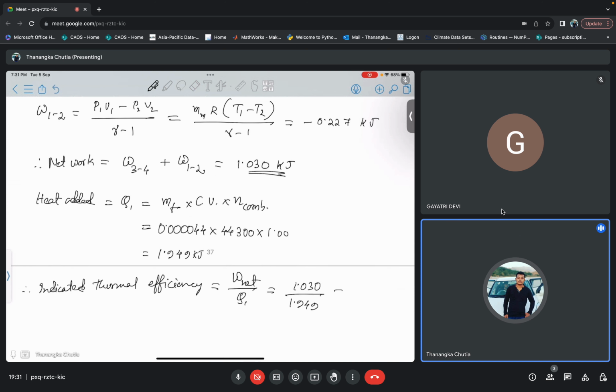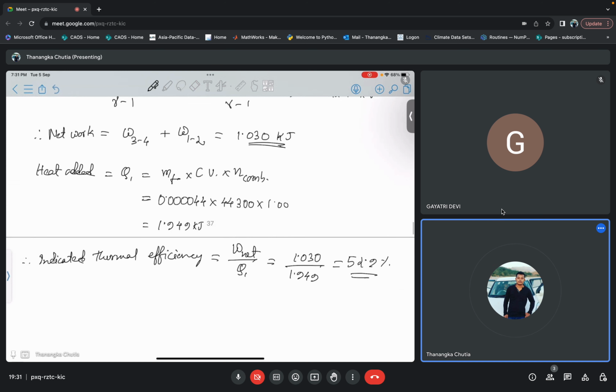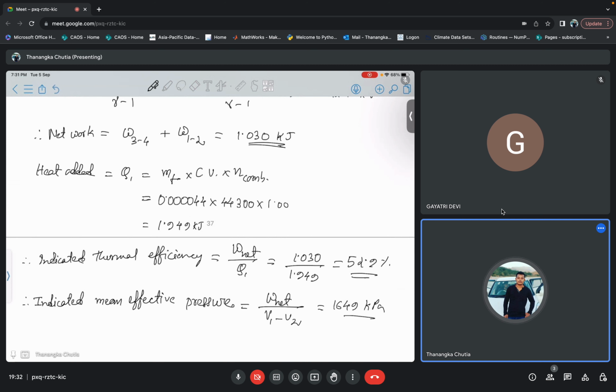Okay, if you put this, you will get 52.9%. Therefore the indicated mean effective pressure. Okay, so the indicated mean effective pressure will be what? W net divided by V1 minus V2. Okay, 1649 kilopascal.